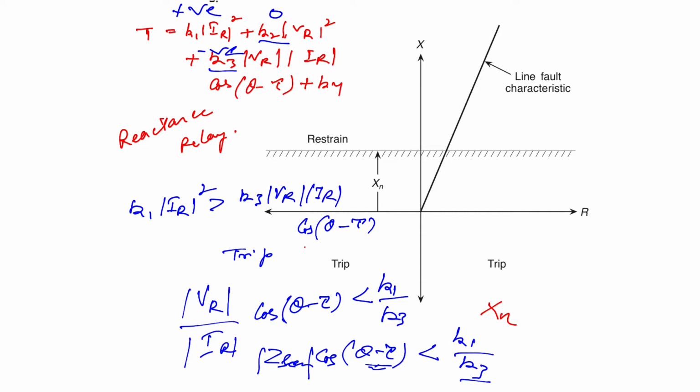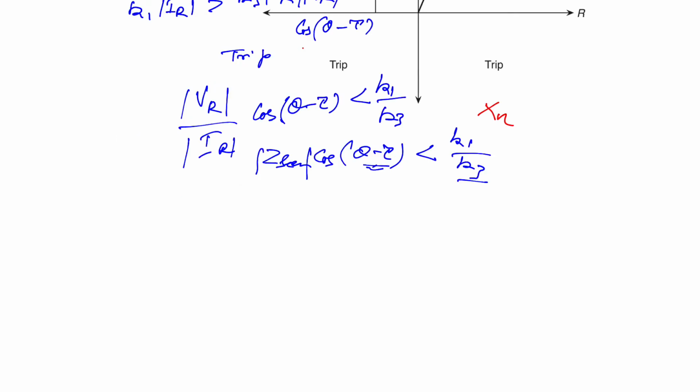The final value can be written as the magnitude of Z sine cos of (theta minus 90), since tau we have taken as 90 degrees, is less than Xn, because K1 by K3 we have considered as Xn.